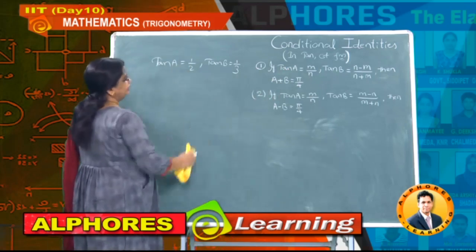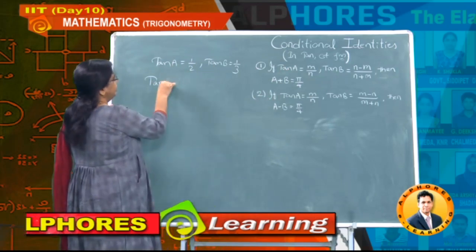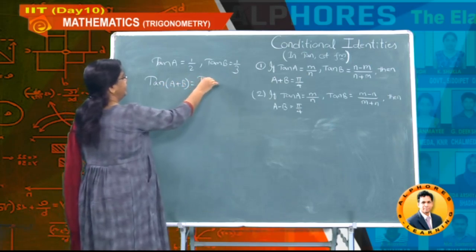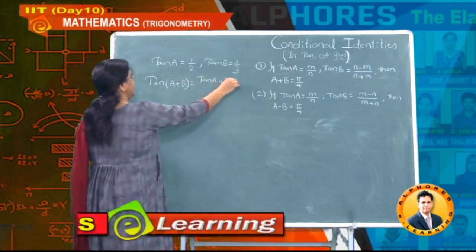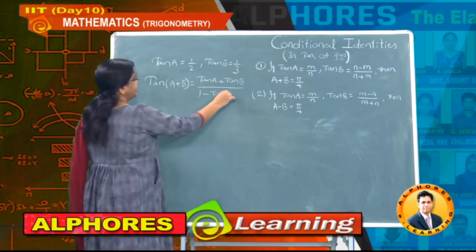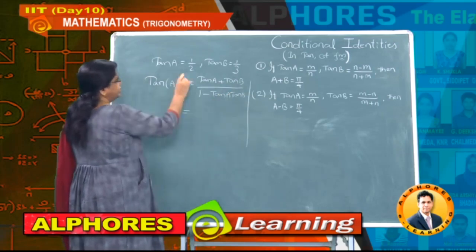Therefore, as I require A plus B, I will first take tan of A plus B, understand. Then this is the formula we apply. In the previous session we observed all these formulae: tan A plus tan B by 1 minus tan A tan B. Got it. And now let us substitute.